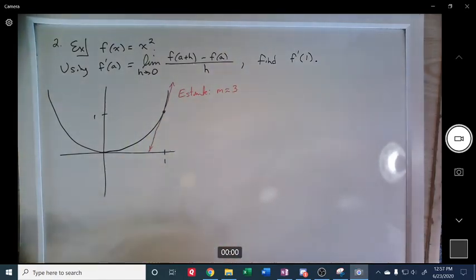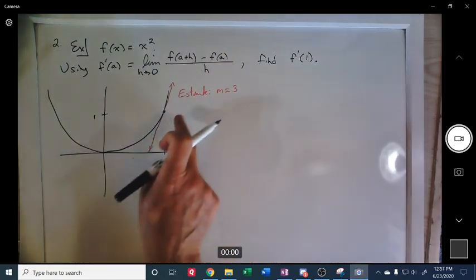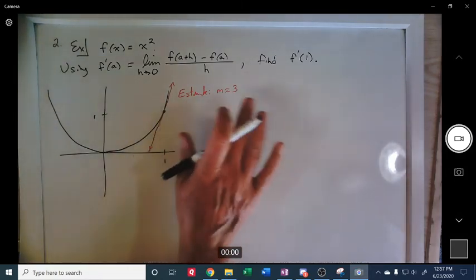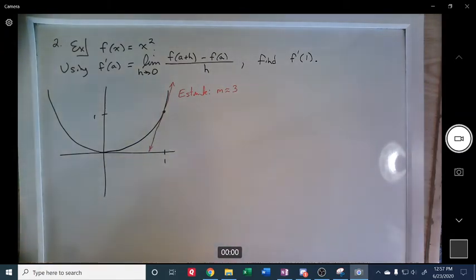Now, it could be my picture, because this is a really crude picture. It could be my picture is quite off. So this crude estimate is all I'm looking for. But definitely it's positive, and it looks bigger than 1, more than 45-degree angle.